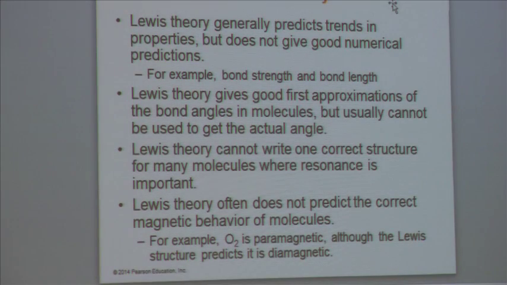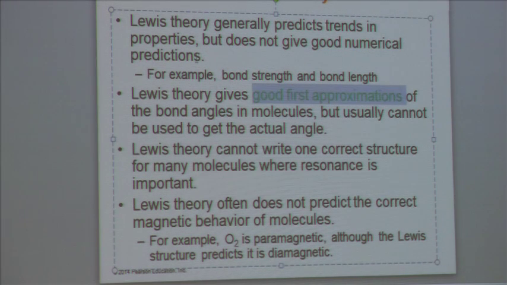And then we end up with the problems with the Lewis theory. It gives us a good first approximation but we cannot actually write one correct structure as a result of the resonance. For example, we have oxygen as paramagnetic, although Lewis structure predicts that oxygen is diamagnetic.